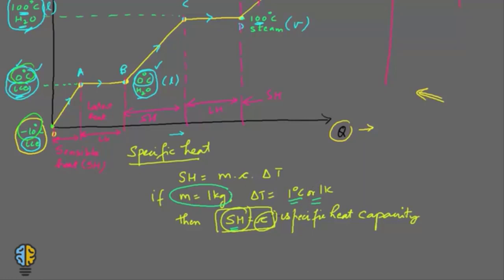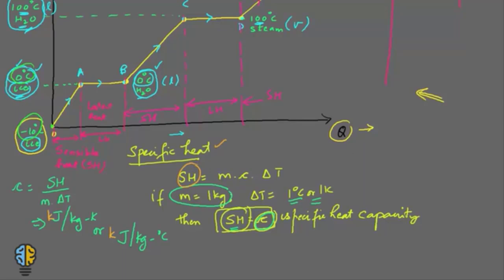And the units for specific heat: if you write down C, you'll get sensible heat upon M into delta T. So the units will become joules per kg Kelvin, or joules per kg degree Celsius. Similarly, you can replace joules by kilojoules. So specific heat is always linked to sensible heat.